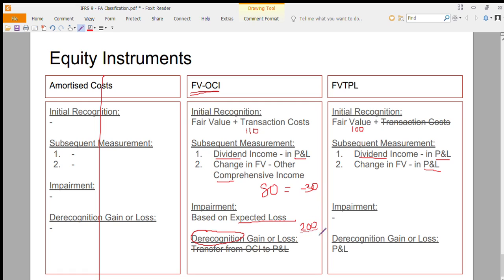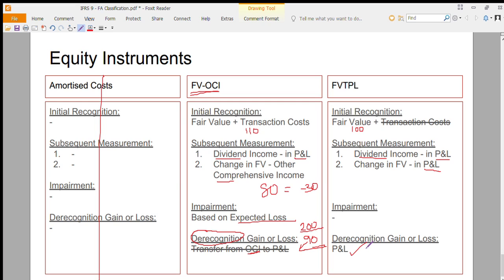Then the profit or loss in this transaction will be 200 minus 110, which is $90. This $90 cannot be moved to profit and loss. This $90 will directly go to other comprehensive income and ultimately to your reserves. In case of a fair value through P&L asset, the treatment is similar to debt. Derecognition gain or loss goes to P&L.